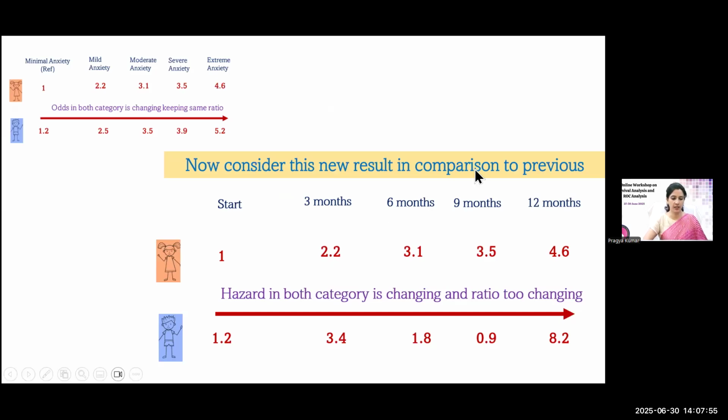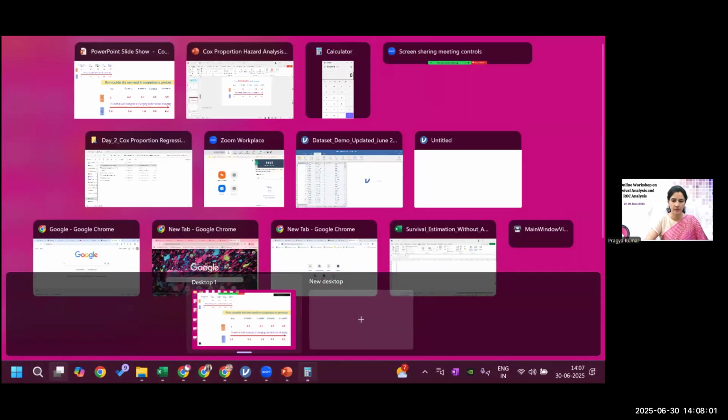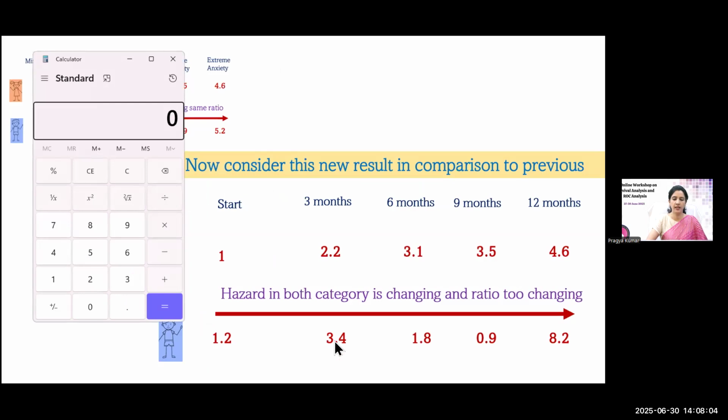But suppose I calculate this, so let me do this because now I need the calculator. If I calculate 3.4 divided by 2.2, it will be 1.54. Again, if I calculate 1.8 divided by 3.1, you can see for yourself that the hazard ratio is changing.